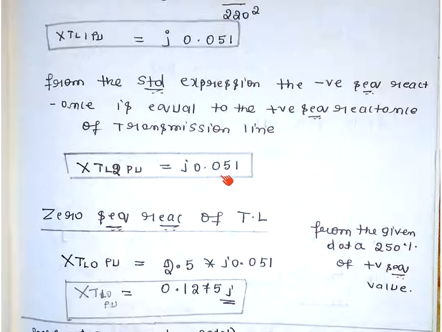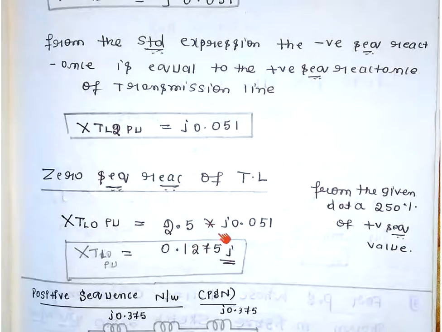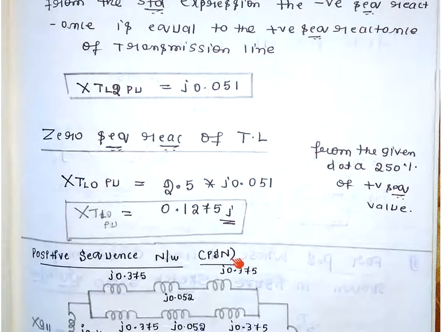He has given in the question that the 0 sequence reactance will be 250% of the positive sequence reactance. So 2.5 into 0.051, you will get my 0 sequence reactance for the transmission line as 0.1257.